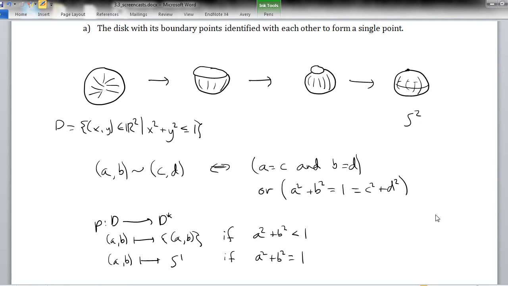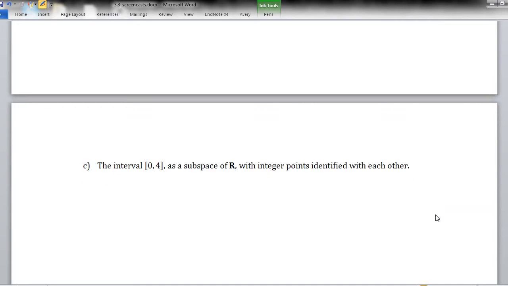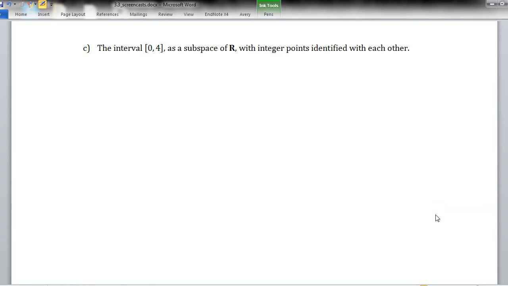So let's look at part C here. The interval from 0 to 4 is a subspace of the real numbers with integer points identified with one another. So what are we starting out with here? The closed interval from 0 to 4. There's 0, 1, 2, 3, 4.